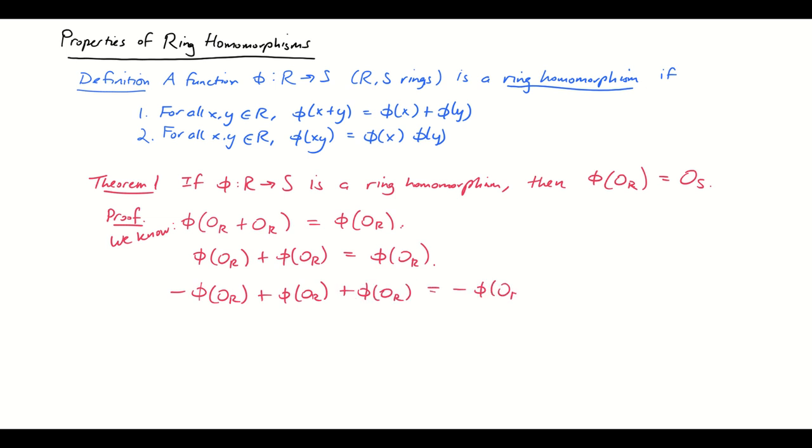And then we will get, sorry, this takes forever to write down, and it's a little bit hypnotic because I'm writing down the same symbols 5 times. Anyway, on the left side we will get phi of 0r, and on the right side, because we have phi of 0r plus its own opposite, that's the additive identity of S, and that's the proof.